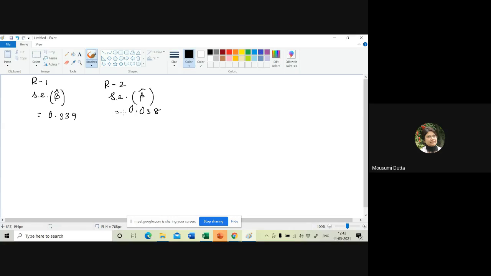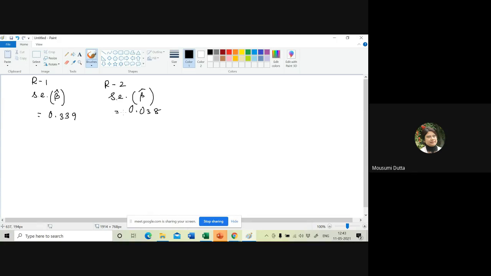For researcher 1, y observations are 4, 4.5, 4.5, 3.5, 4.5, 4.5, 5.5, 5. And the x values are, the first four are 3, the next four are 4.